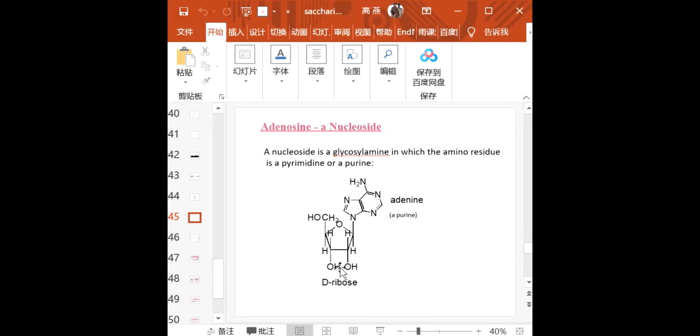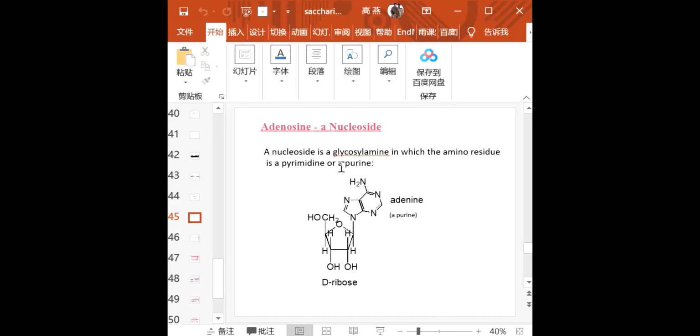And the D-ribose is linked with adenine through an amino group, right? So it's an N-glycoside, and adenosine is one type of nucleoside, okay?